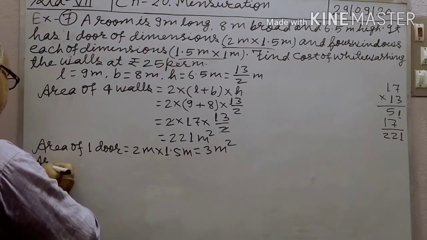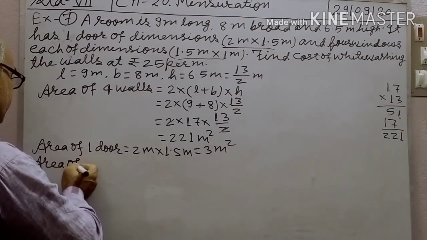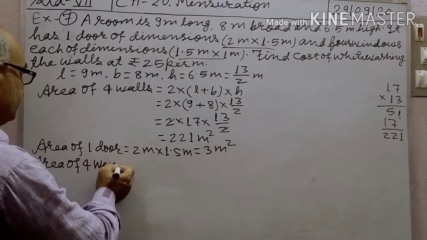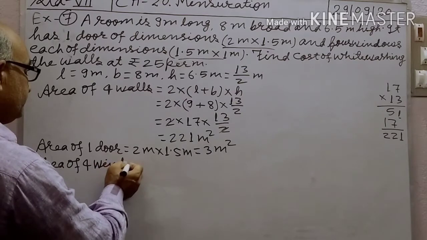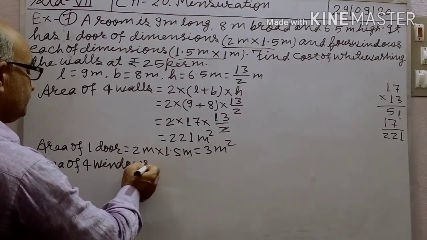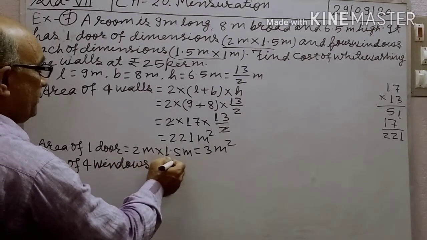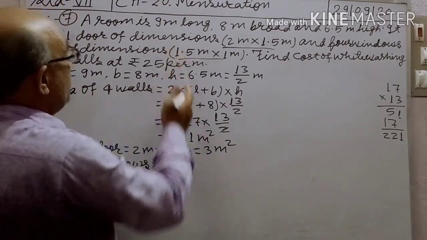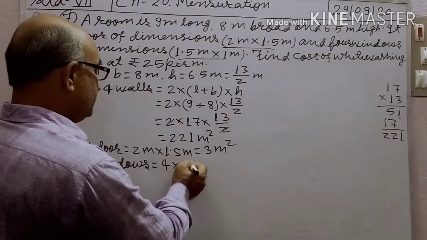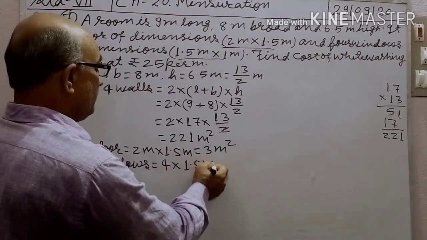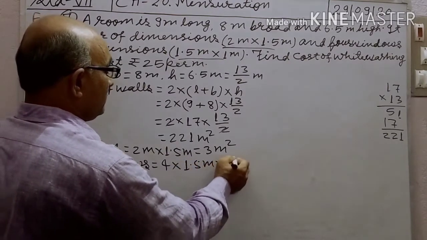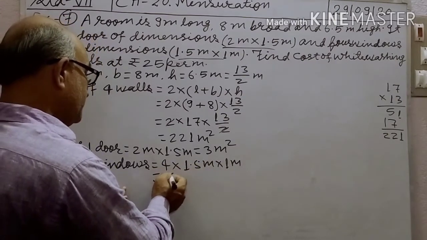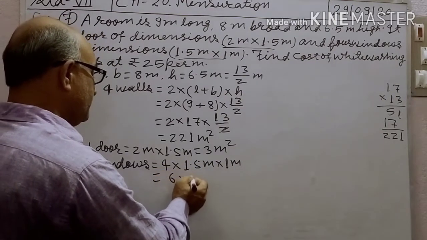Now area of 4 windows. 4 windows means 4 into 1.5 meter into 1 meter equal to 15 into 4 is 60, decimal after 1 digit. So 6 meter square.